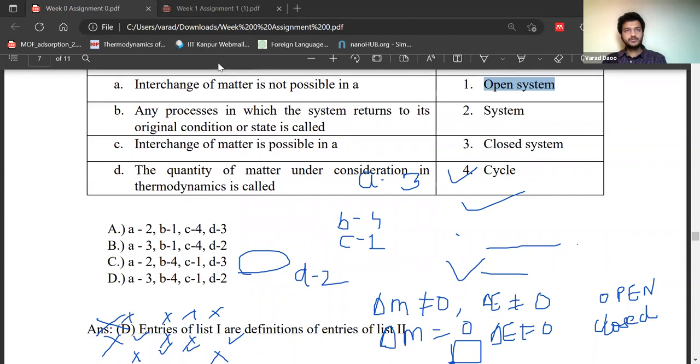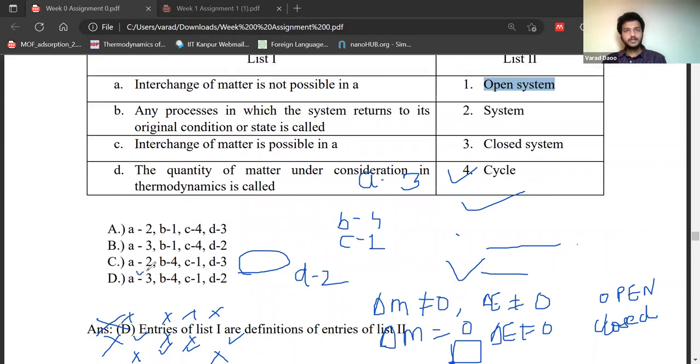Now let's go to the fourth option. A is 3, yes. B is 4, yes. C is 1, yes. D is 2, yes. That means the correct answer is option D. Okay.